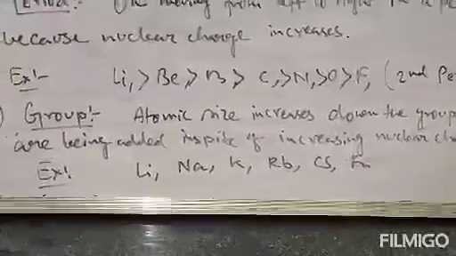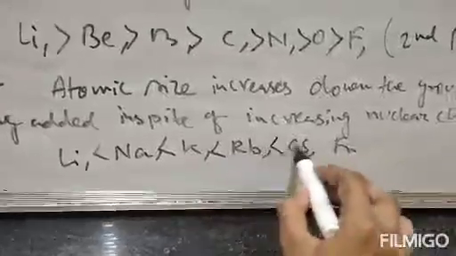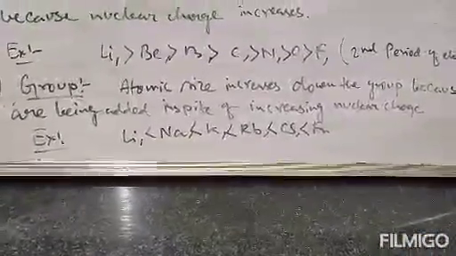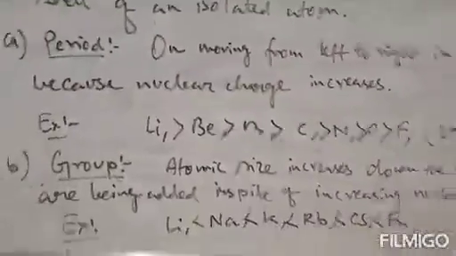If you move down a group, the atomic size will increase. So the order will be like this. These are the examples of group elements. Atomic size will increase. So this is the order found in atomic size periodically and group wise. So atomic size is also covered.